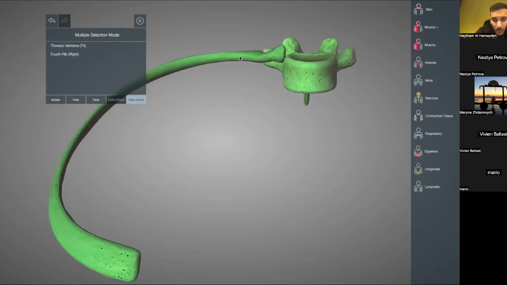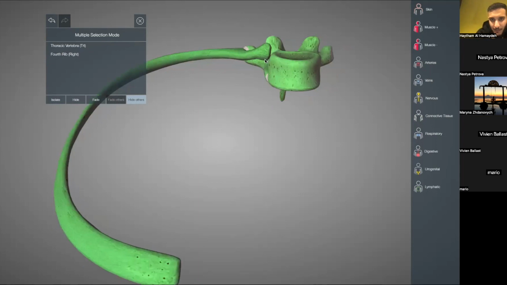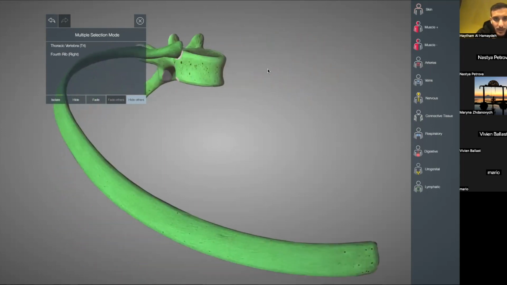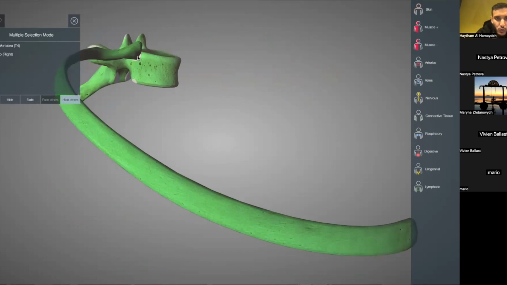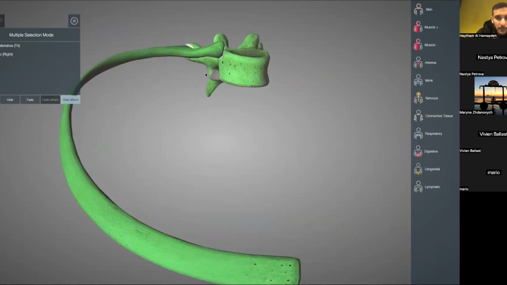Rib number 4 has a head which contains an inferior articular surface. The inferior articular surface of the head of fourth rib articulates with the superior articular facet of vertebra number 4.